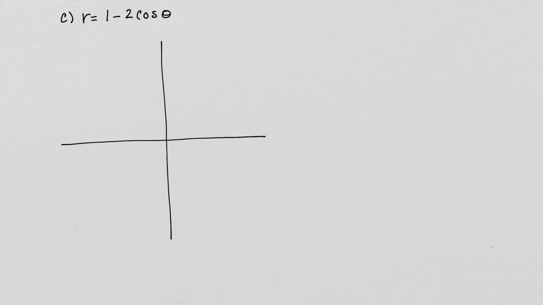Okay, so let's try another one. r equals 1 minus 2 cosine theta. So again, we're going to have this here.